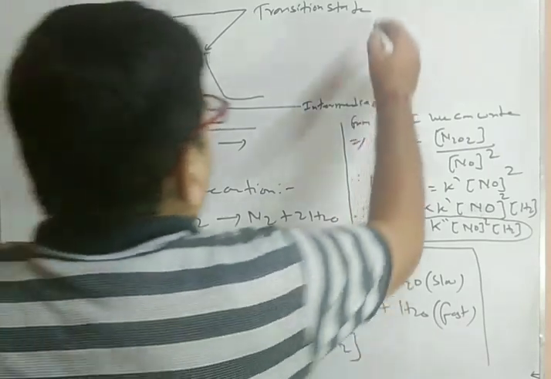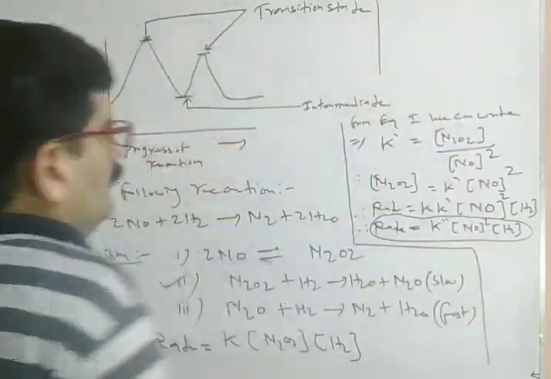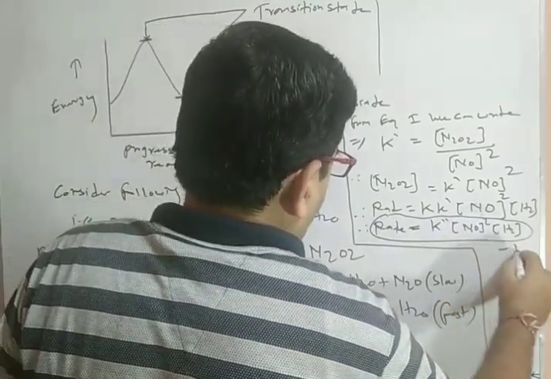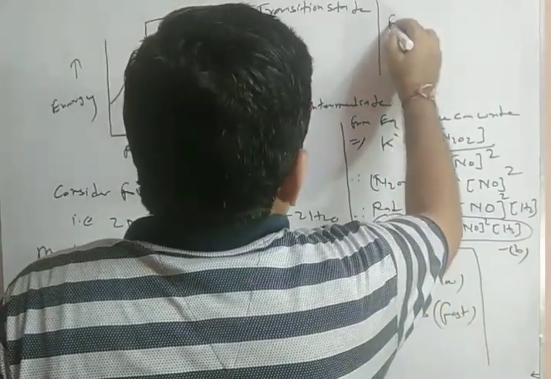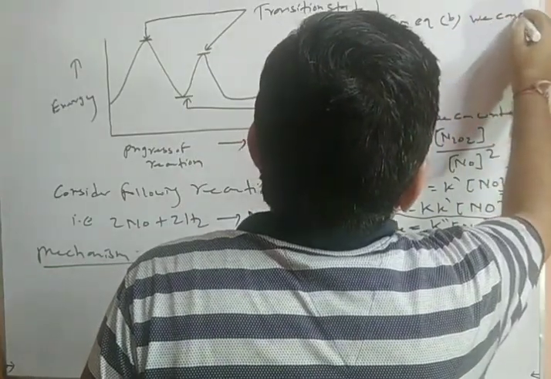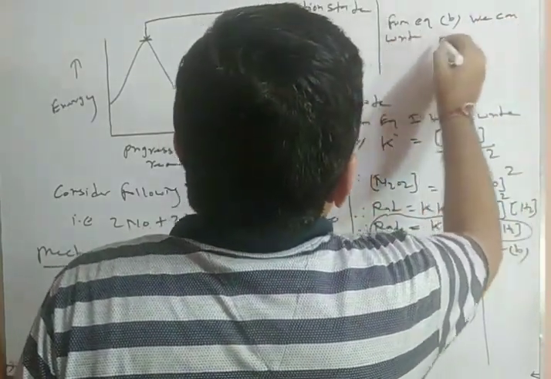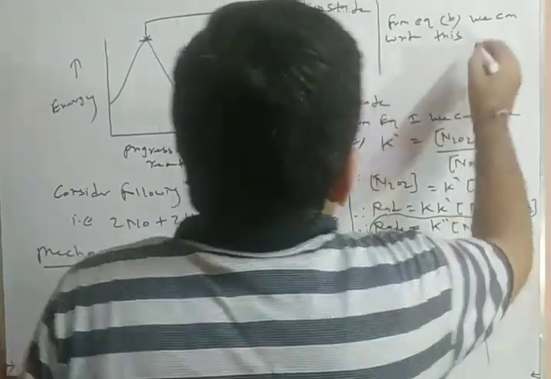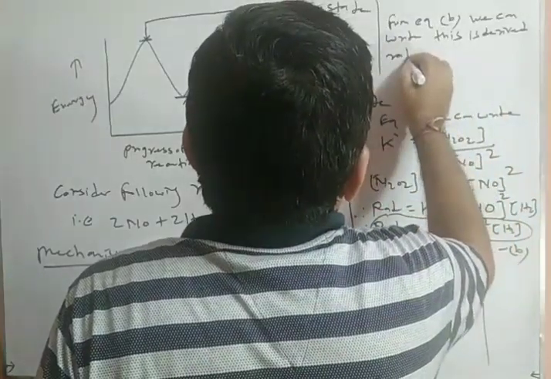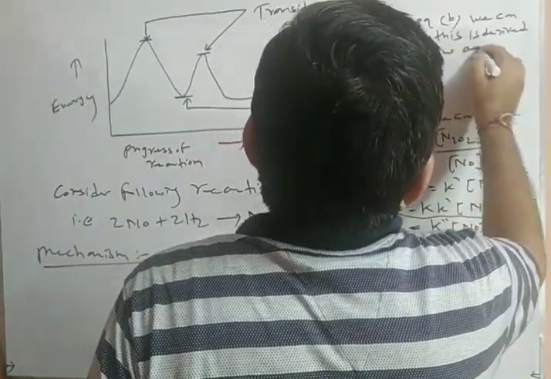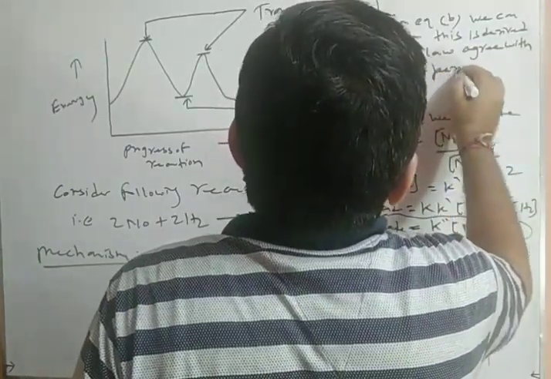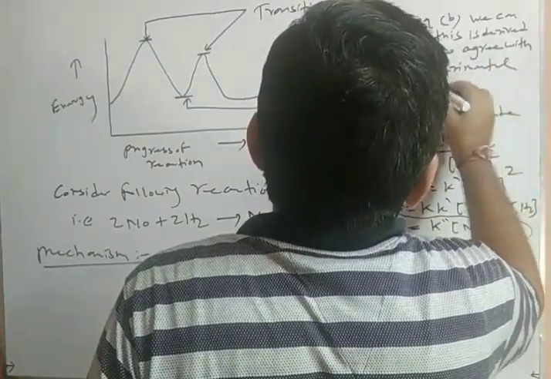Suppose this is equation A, this one equation B. From equation B we can write this is derived rate law agree with experimental rate law.